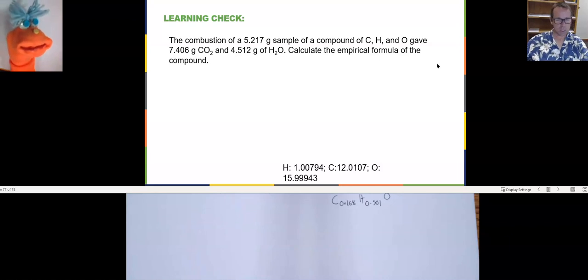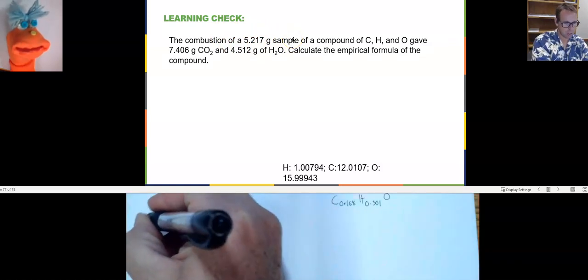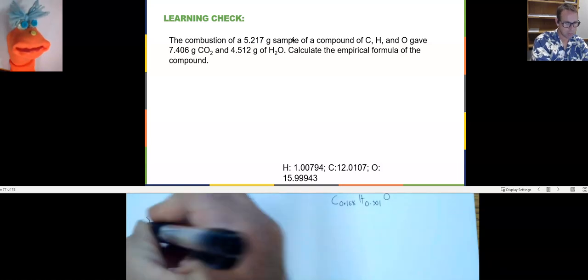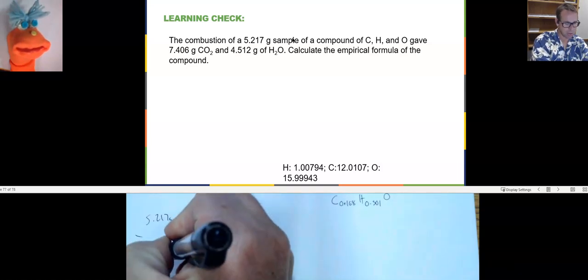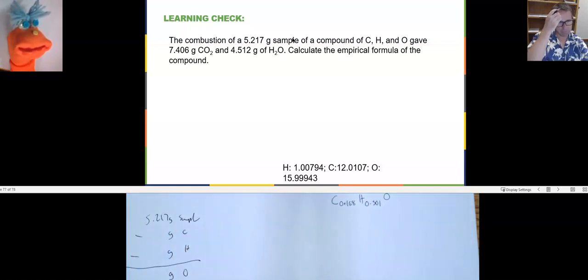Well, we can get the oxygen by looking at the resulting mass from the initial 5.217 gram sample that we started with. So if I have 5.217 grams of sample, if I subtract the grams of carbon and subtract the grams of hydrogen, what will be left is the grams of oxygen. Okay? Do we have the grams of carbon?